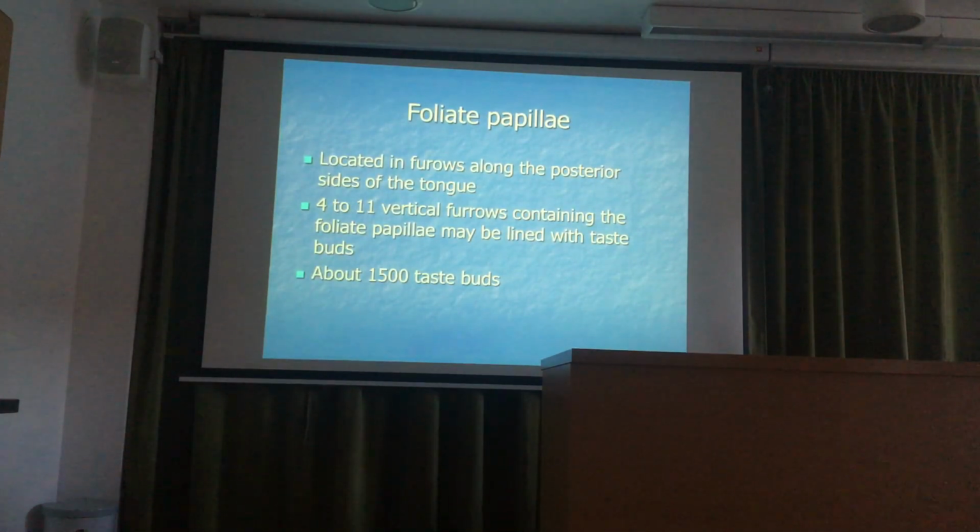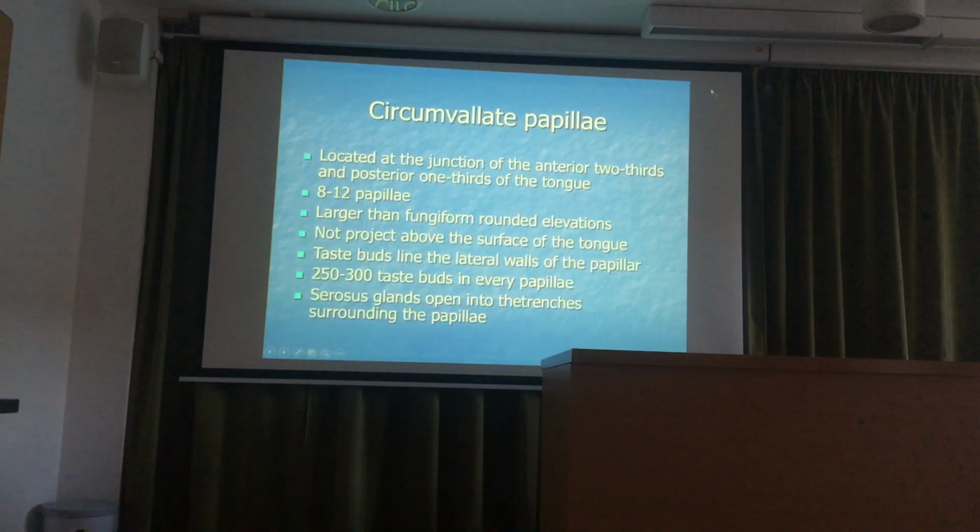On the two margins of the tongue, about 1,500 taste buds can be found. The largest papillae are the circumvallate papillae, located at the junction of the anterior 2/3 and the posterior 1/3 of the tongue. The number differs in each person, from 8 to 12 papillae on average, larger than the fungiform rounded elevations.